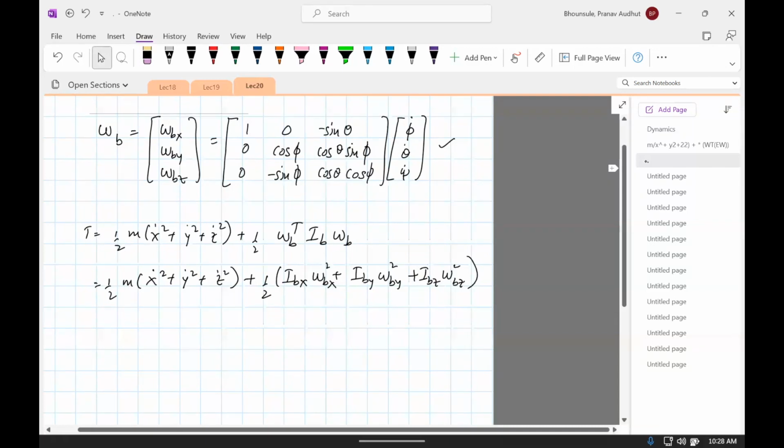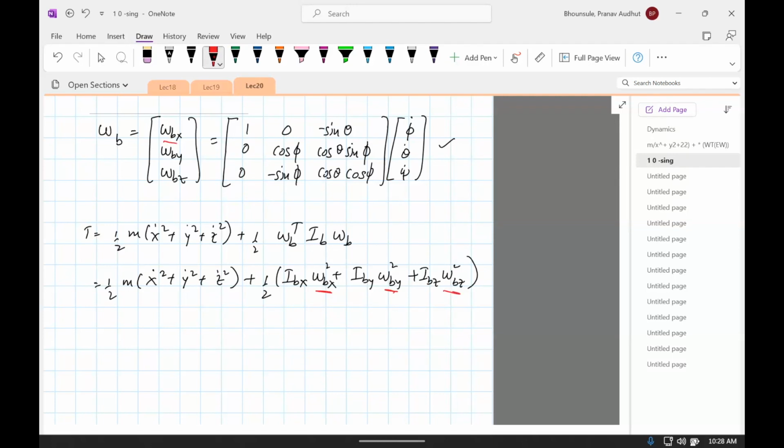Now you also need to substitute this in. This value comes from here, this row, and so on. All of these have to be written as functions of theta, phi, psi, theta dot, phi dot, psi dot from this expression.